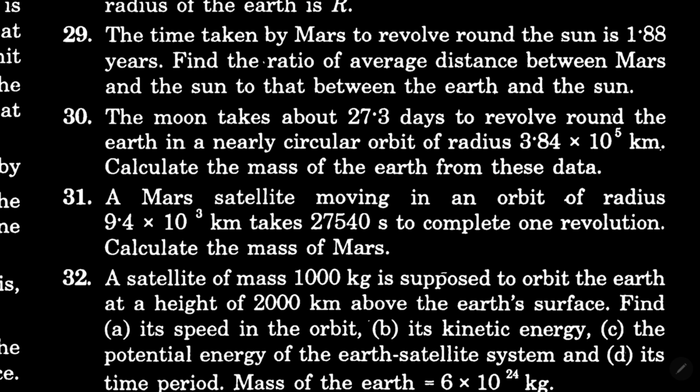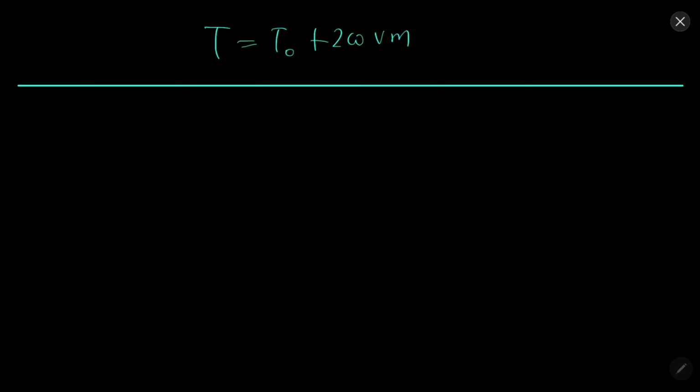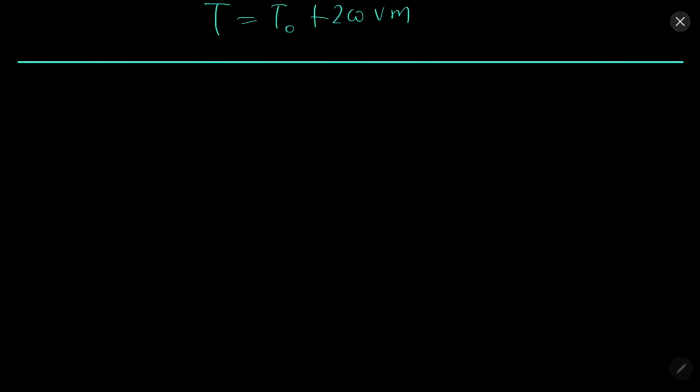In 29, time taken by Mars to revolve around the Sun is given. Find the ratio of average distance between Mars and Sun, to that between Earth and the Sun. So we need to find the ratio for Mars and Sun and Earth and Sun. Solution 29. By Kepler's law, T square is proportional to r cube.